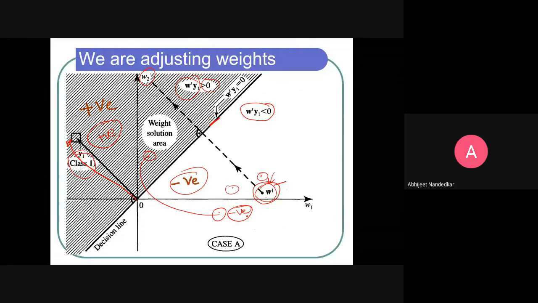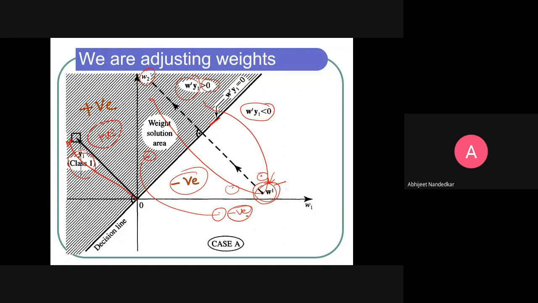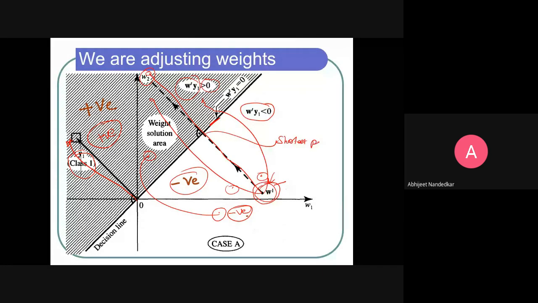I can move from, say, this point to this point or any point like this, but I should go with the steepest path, the shortest path. So this is the shortest path. The shortest path is nothing but the gradient of the W transpose Y function.